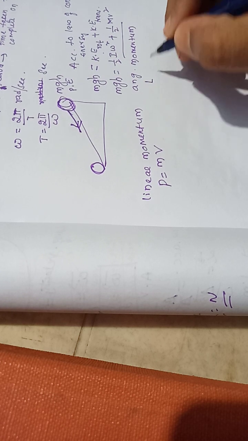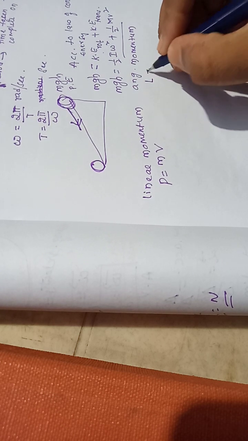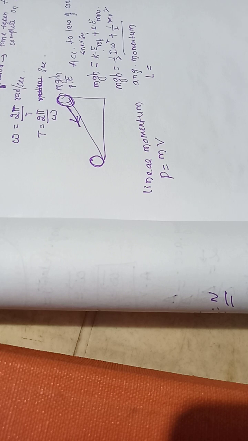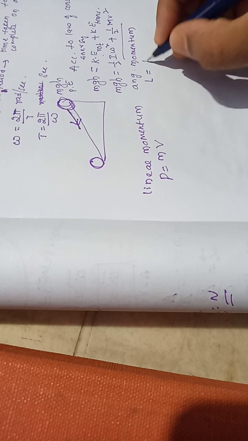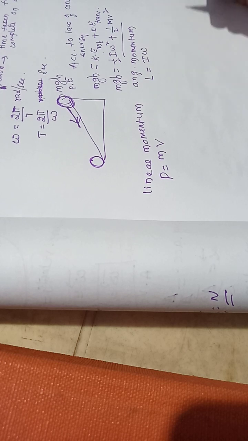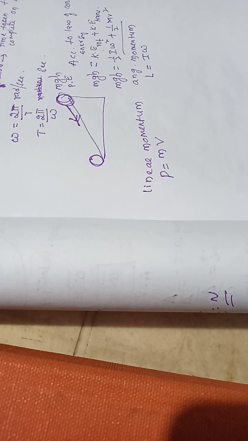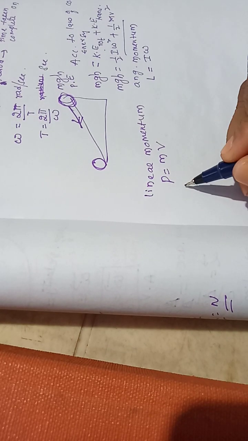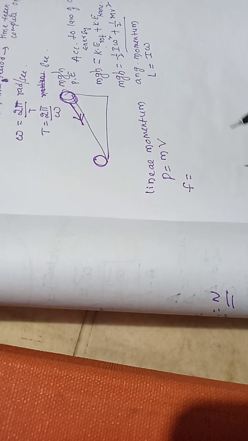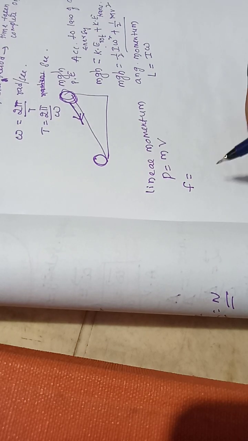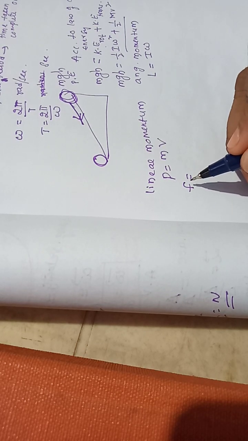It is denoted by L, or in some books they use capital J. L or J, what will it be? I omega, moment of inertia into angular velocity or angular frequency.